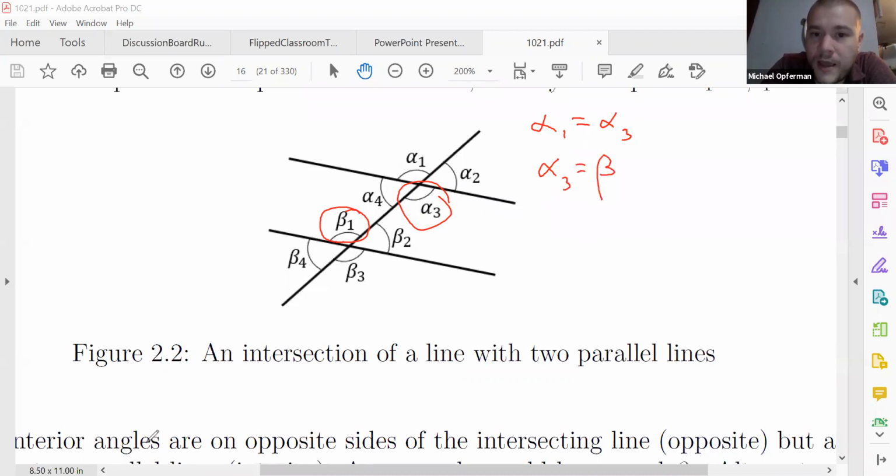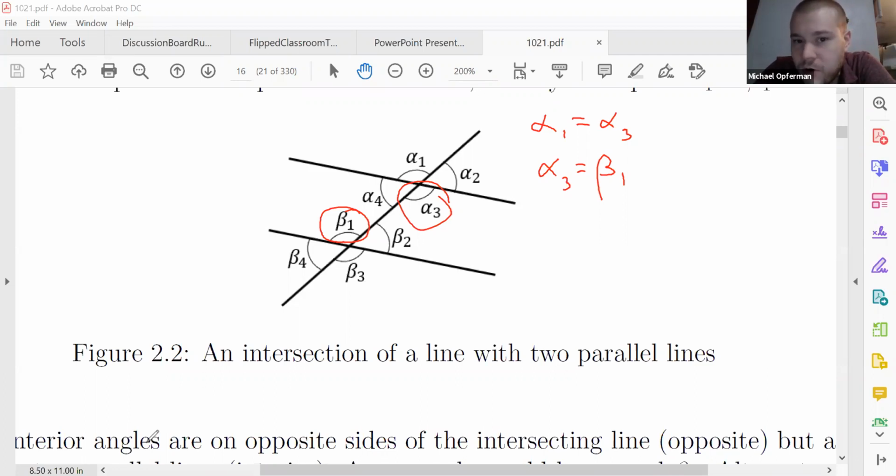And the reason why is very similar. Although they're not on the same intersection, they are still mirror images of each other, because you can sort of see how they look similar in the picture here, because basically the two lines that are intersecting at alpha 3 are essentially the same two lines that are intersecting at beta 1.